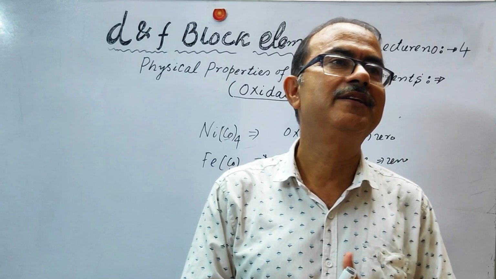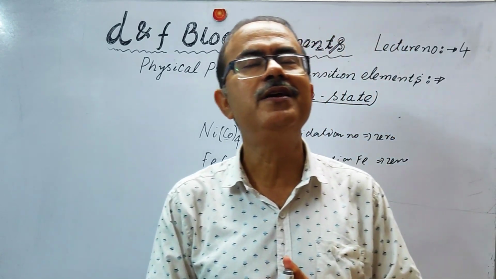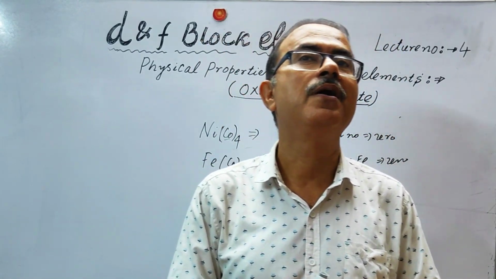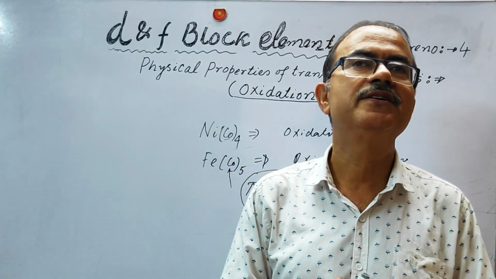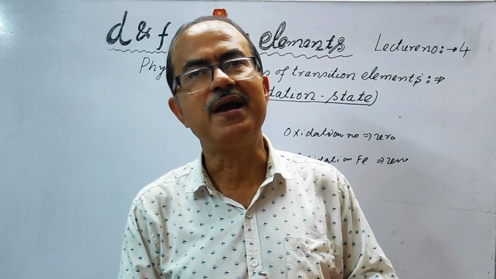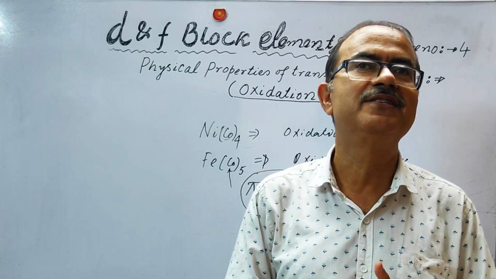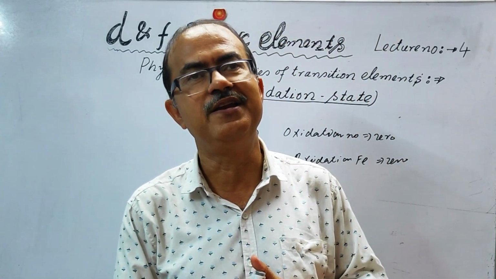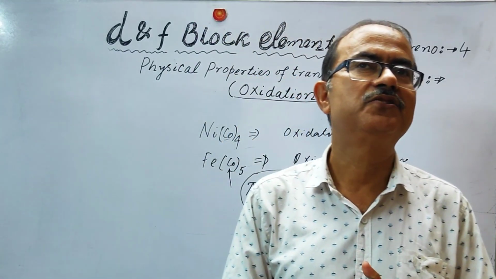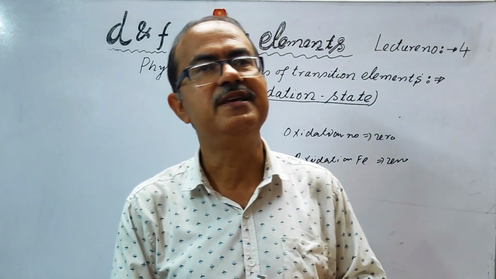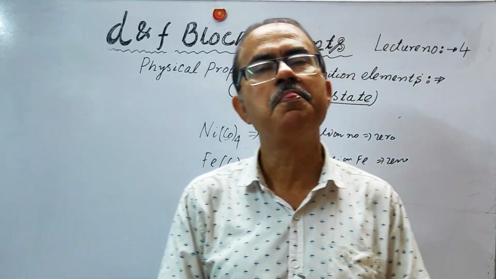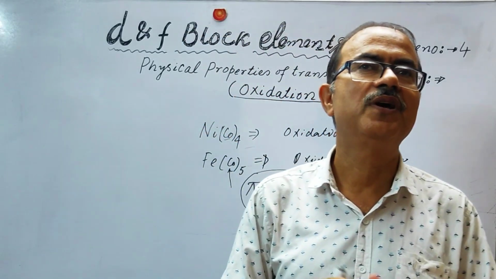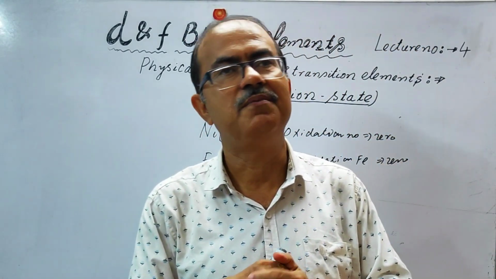In the last, copper and zinc, we find a larger number of d electrons, so there are fewer vacant d orbitals available for sharing, so they show lesser valency and lesser oxidation numbers.